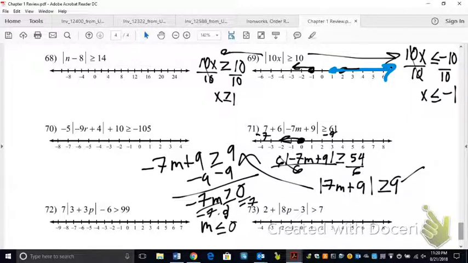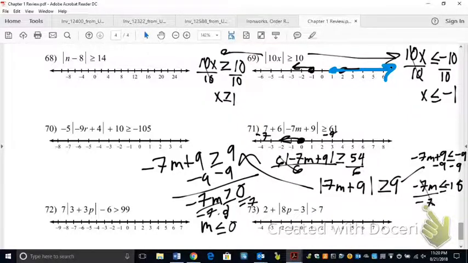For the second part, we write negative 7m plus 9, and remember, here we switch it: less than or equal to negative 9. So we subtract 9 from both sides. We get negative 7m is less than or equal to negative 18.